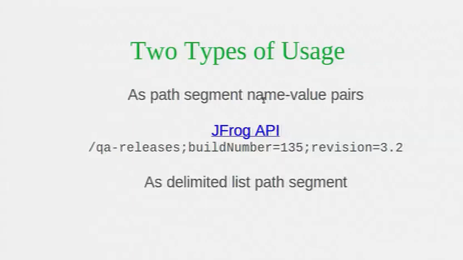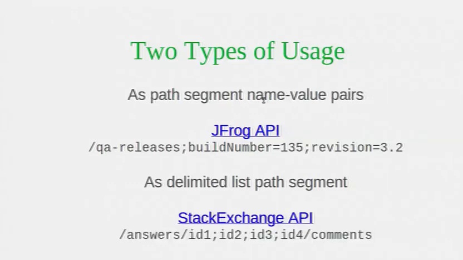And then the other style of usage is using the semicolon as a general delimiter in the path. That's something you'll find in the Stack Exchange API. For example, here you'll see answers identified with specific IDs, and in order to provide multiple IDs, they're separated by semicolons. So that's a very different beast altogether.